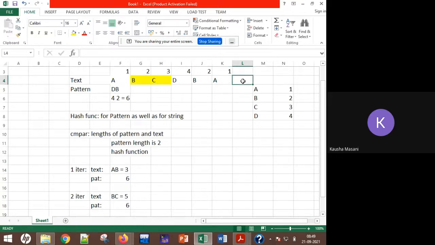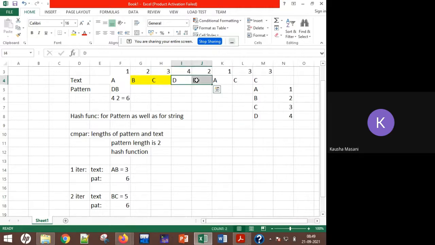Let's include C and C, so this will be 3 and 3. So see what I'm telling about hash values getting matched but string not getting matched.